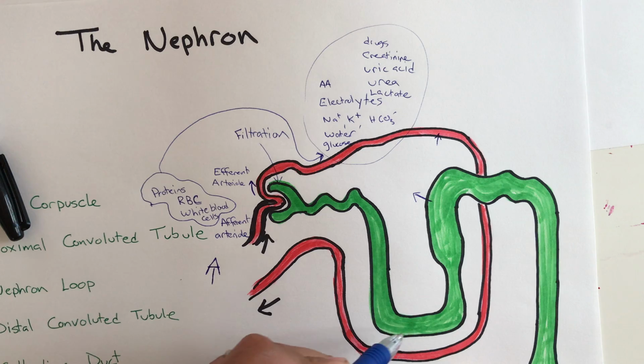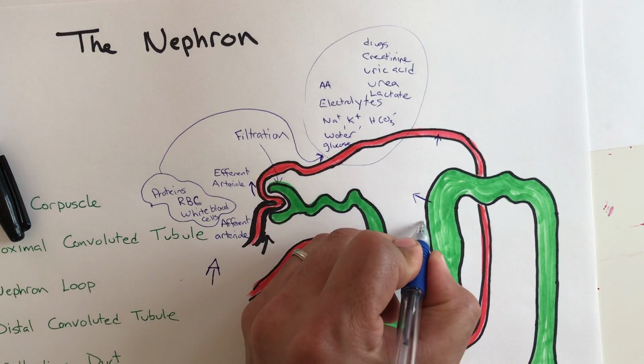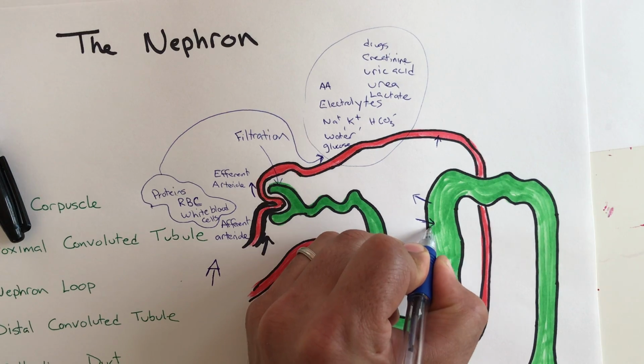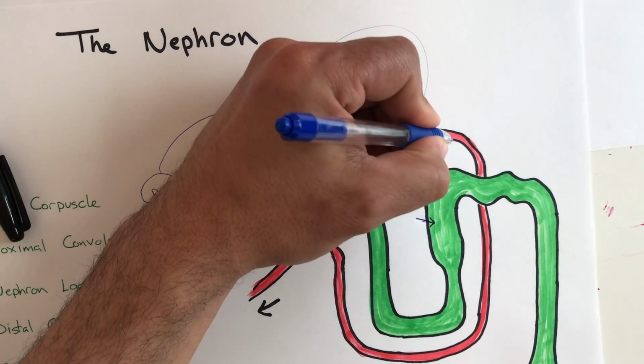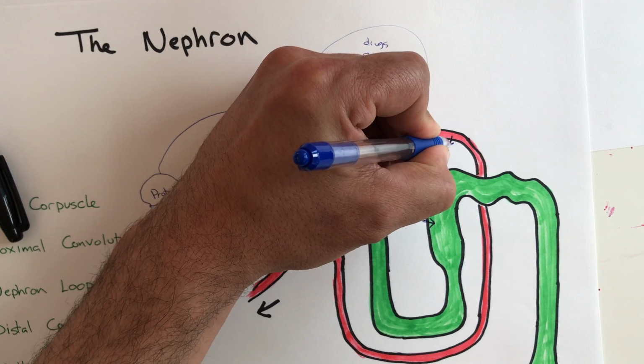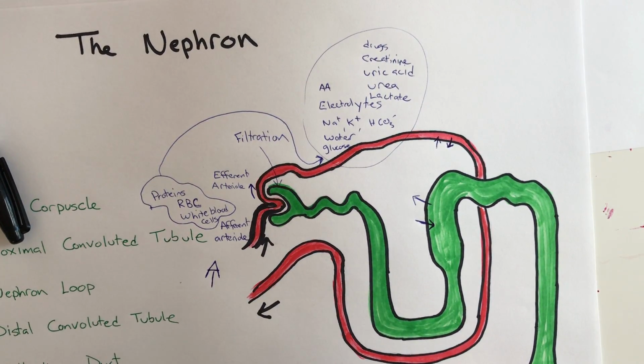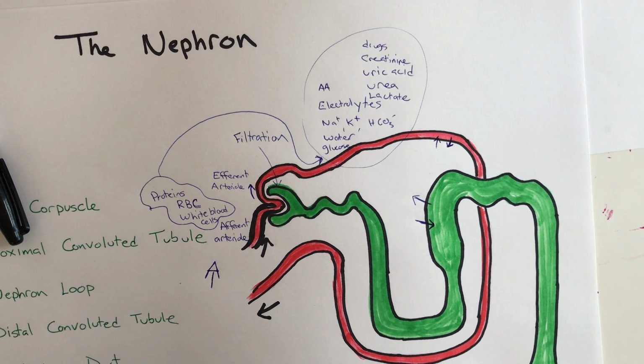Think of the blood as you, because it's going to go back to your body. If it goes this direction, then it will be excreted. So we have a couple more terms to be aware of.